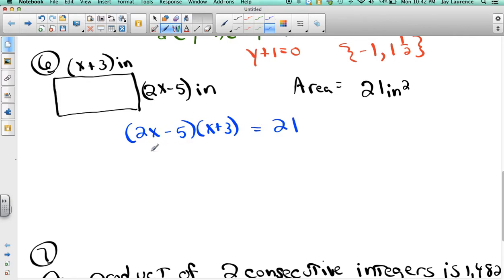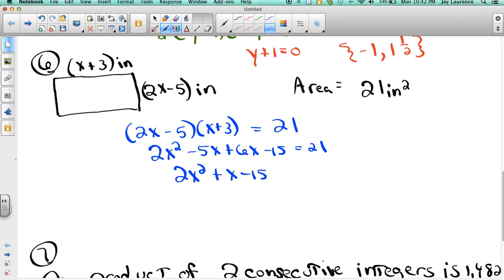So I'm going to double distribute here. I'm going to get 2x squared, a minus 5x and a plus 6x minus 15. That'll equal 21. And I'll combine like terms. I get 2x squared plus x minus 15 equals 21. I don't want it to equal 21. I want it to equal 0.